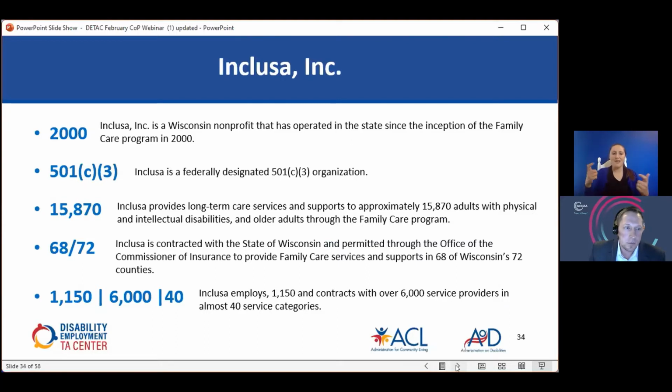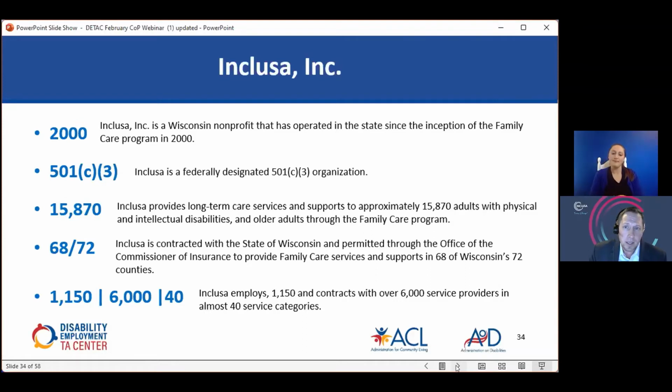We currently support almost 15,900 members on a day-to-day basis. About 50% of the individuals enrolled in Inclusa are adults with intellectual disabilities. About 33% are older adults, and about 17% are adults with physical disabilities. We currently operate in 68 of 72 counties, and I'll touch base on where we're actually located and where we're not located on the next slide.